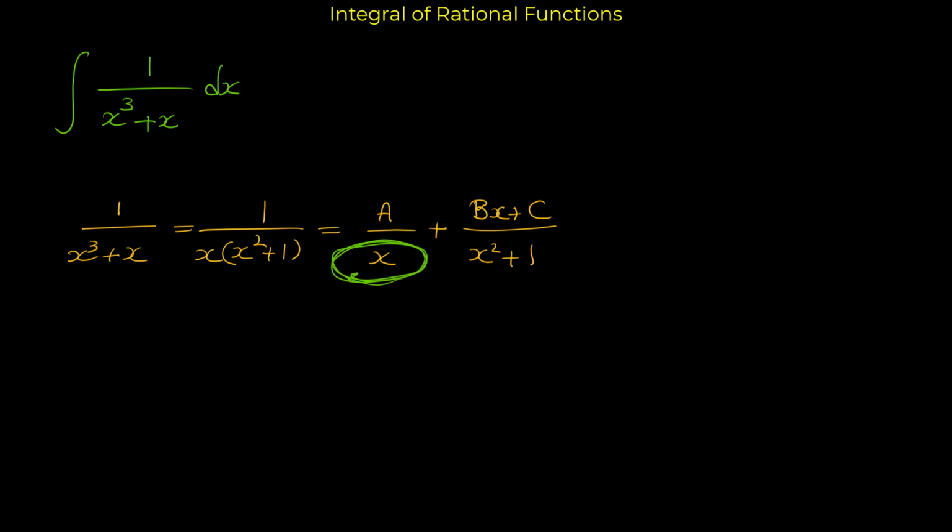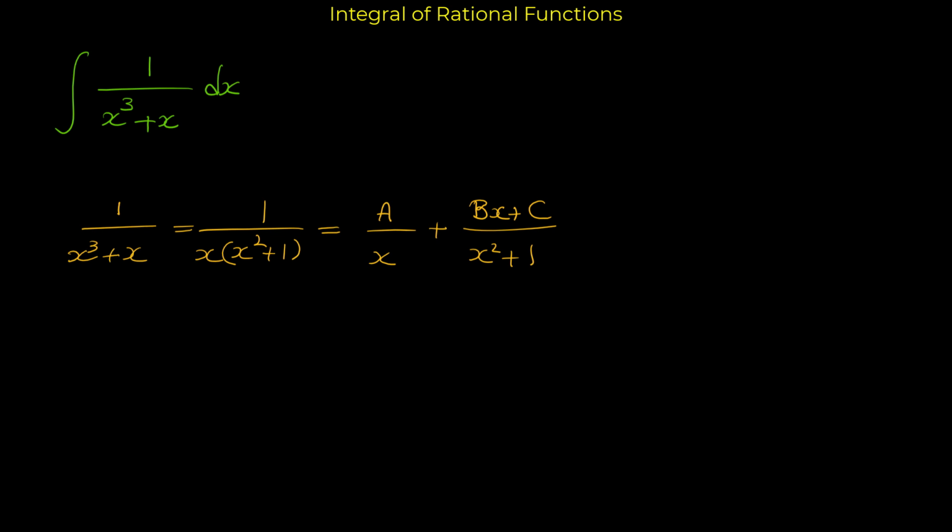Pay attention to this. What is the degree of the denominator here? 1, because x to the 1. The numerator is a constant. Why a constant in the numerator? Because the degree of the numerator should be less than the denominator, and the degree of a constant is 0. Here we have three unknowns, a, b, c. Similar to the previous one, it's not really hard to find a, b, c.